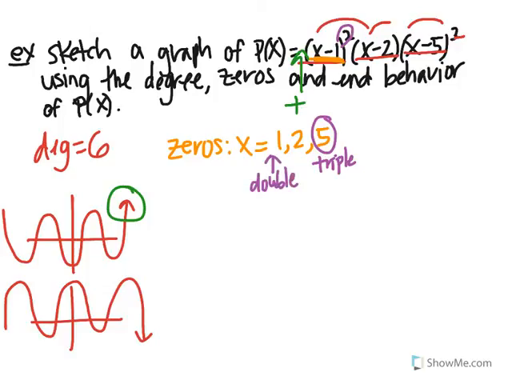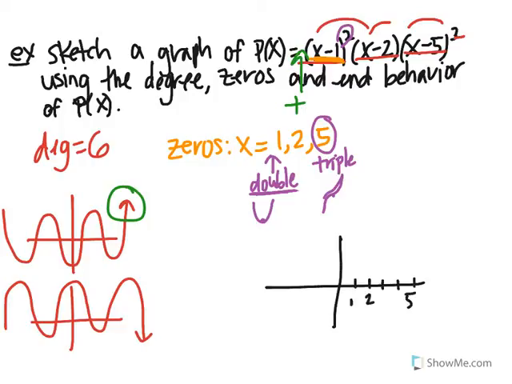Anything that's even is going to look like this at the 0, and anything that's odd is going to look like this at the 0. Then I'm going to make my sketch now. I'm going to mark down my x-intercepts or my zeros, 1, 2, 3, 4, and 5.